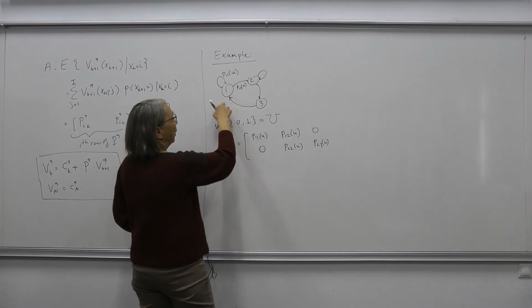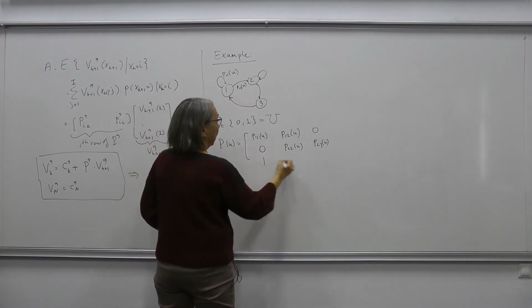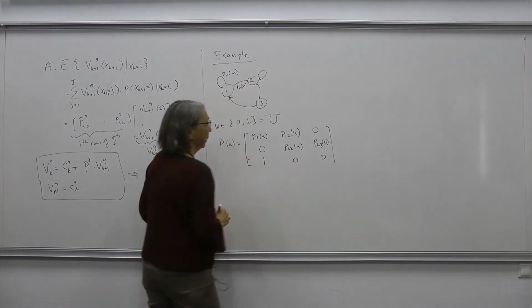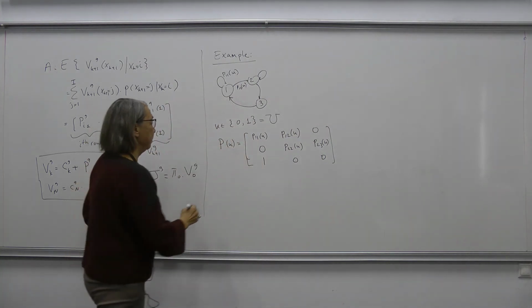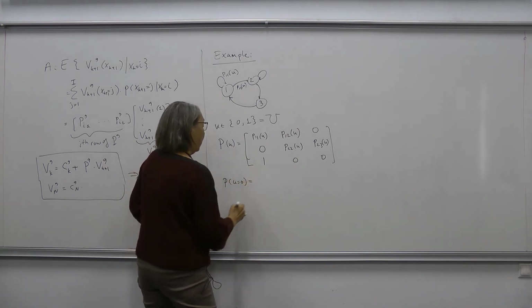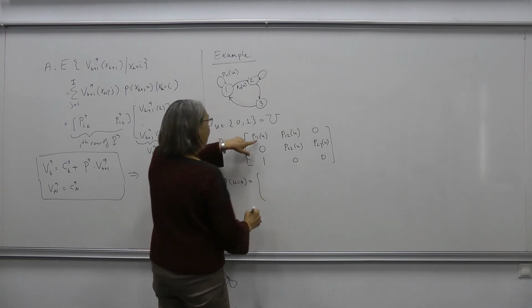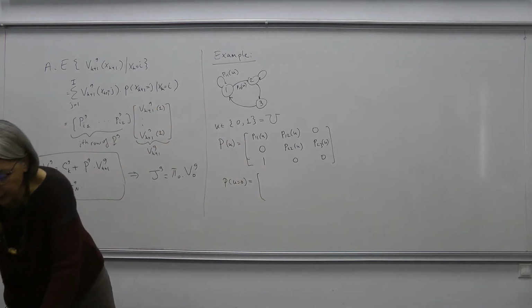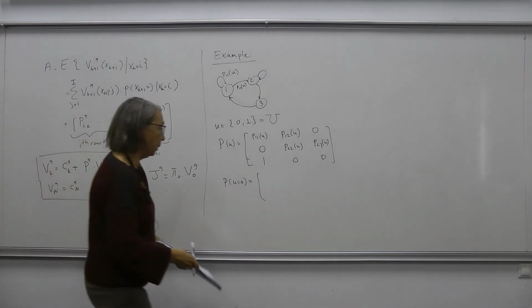And we have only one transition from 3 to 1, so I have 1, 0, 0 as the last row of this matrix. We have to specify our P of U for U equal to 0 and U equal to 1. That is, the values of P11(U) should be given to us to complete the problem.